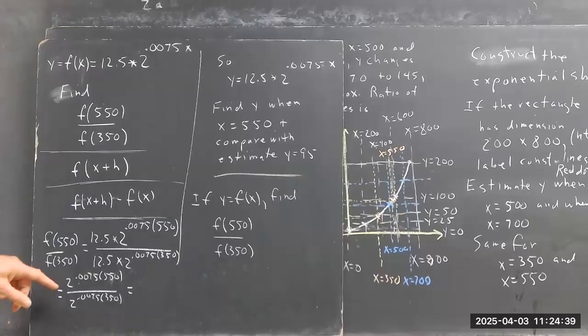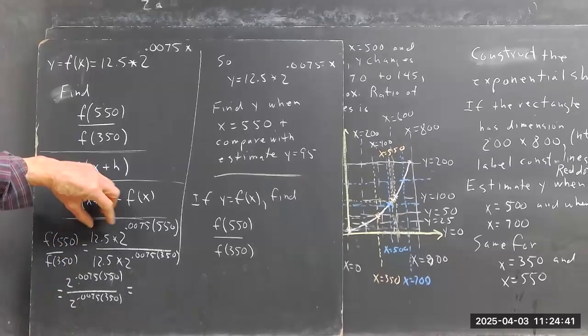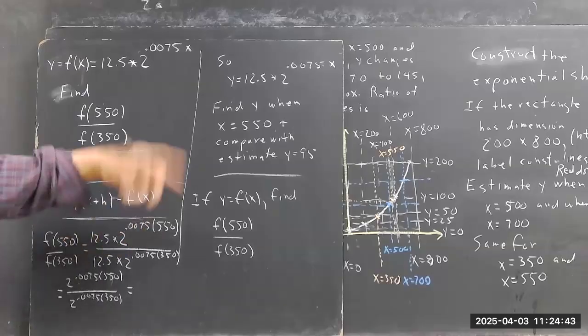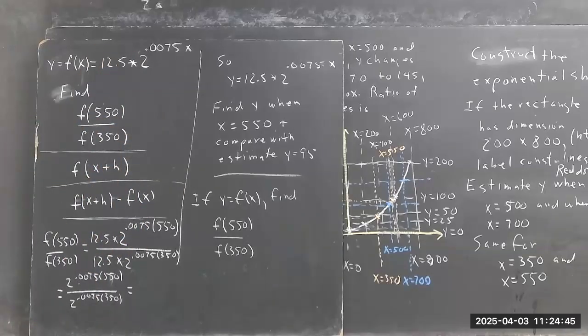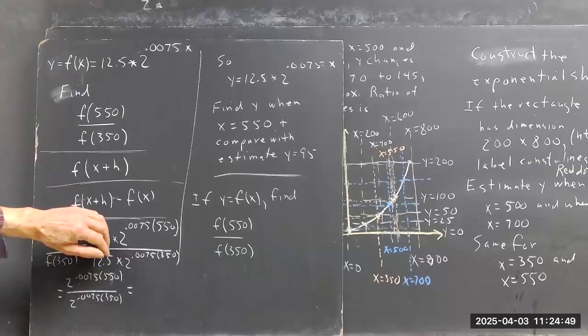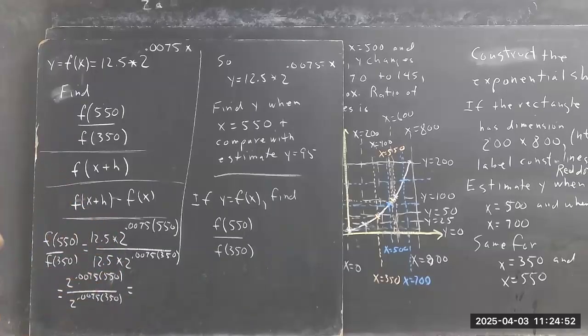Now at this point, you could plug this in. Of course, a lot of people plug the whole thing into a calculator. But since the 12.5 divides out, it was unnecessary to do that. Although if you did it correctly, which I think everybody pretty much did, that's okay. But I'm trying to make a point: you want to simplify this. And you can actually simplify this. How could you simplify this?